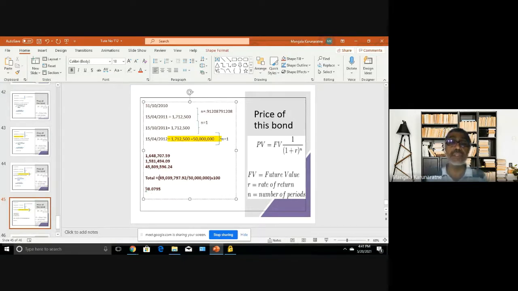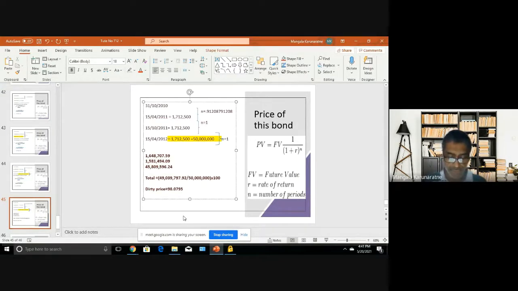So the price of this bond is 98.0795. This is actually, as I earlier also said, the dirty price, right? This is the dirty price because the bond's accrued interest is also involved in that.